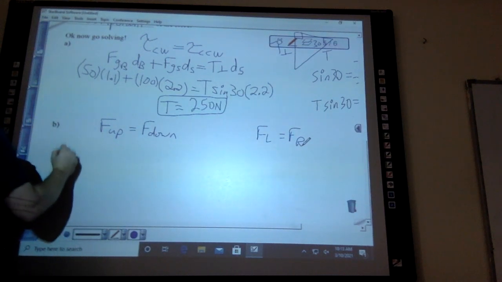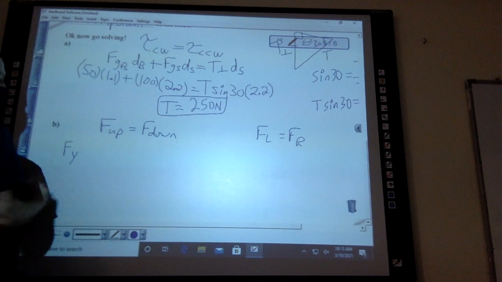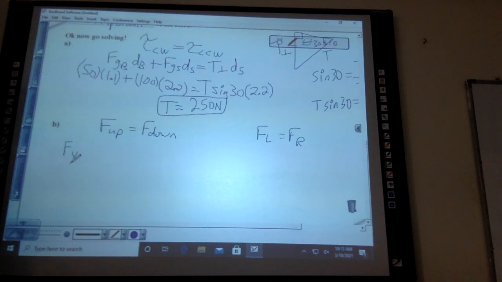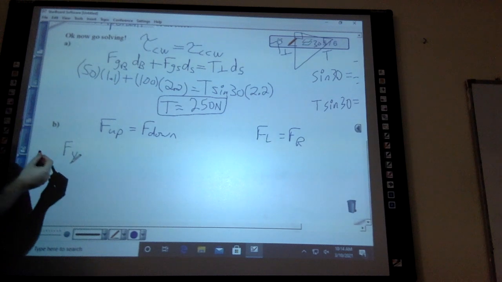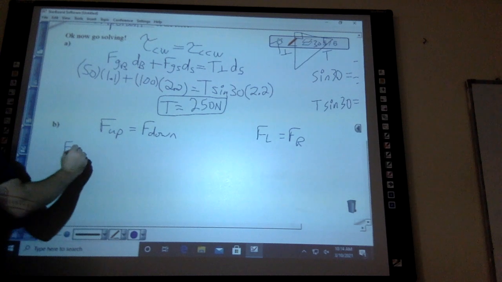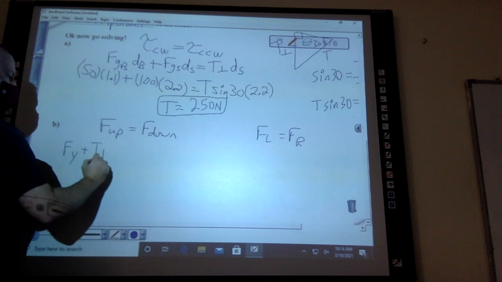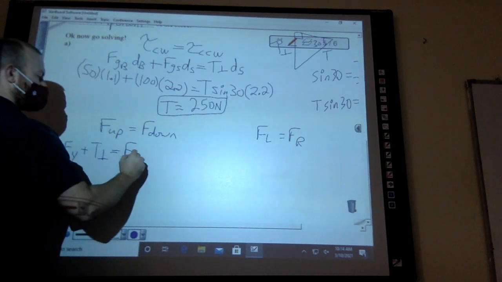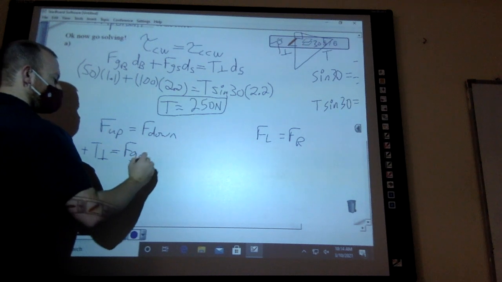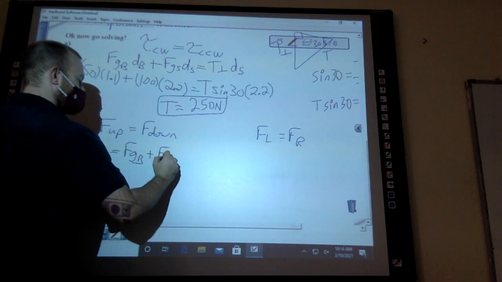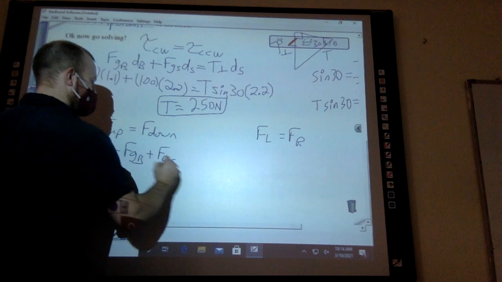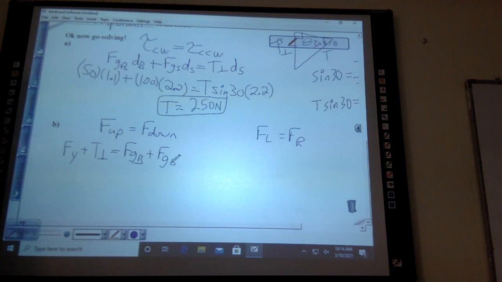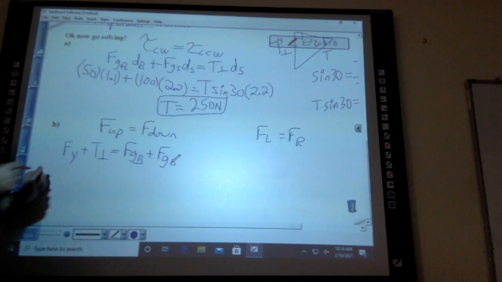So forces up, I've got Fy. What else do I have as a force up? Yeah. And my forces down, that's just Fg of the beam plus the force of gravity of the sign. We have all these, yeah.